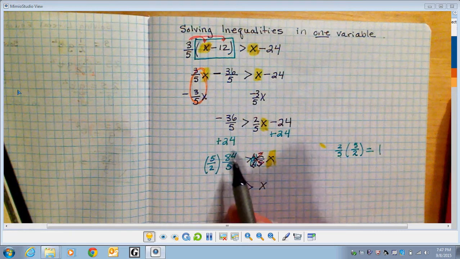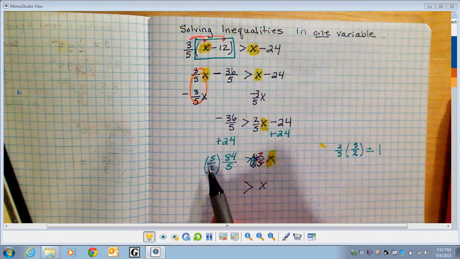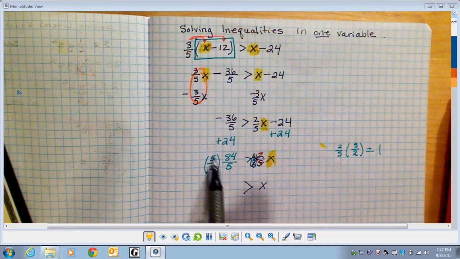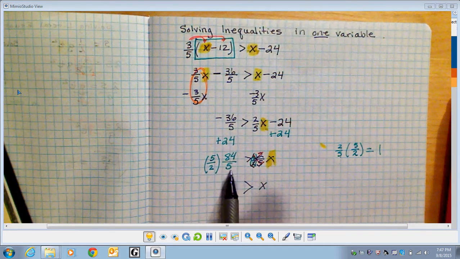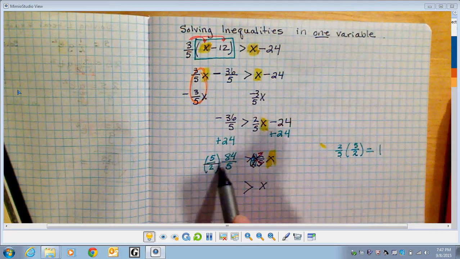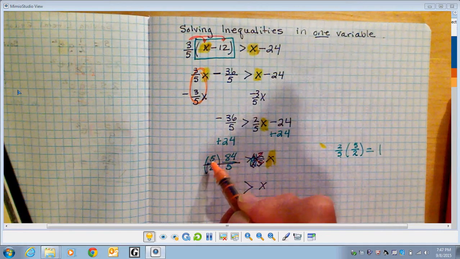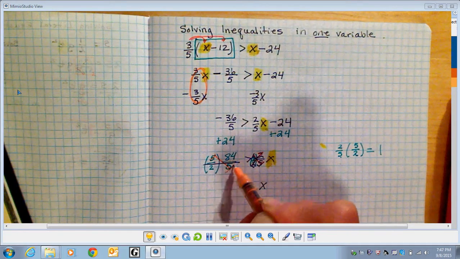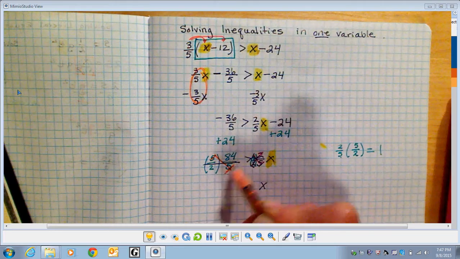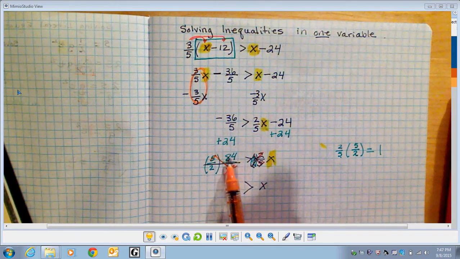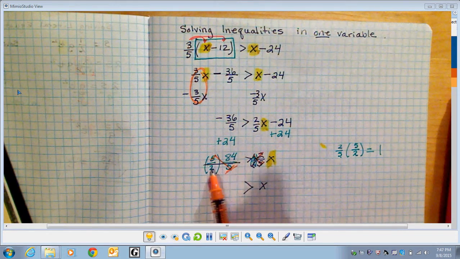So instead of going through all the rigmarole here or putting this in my calculator, if I notice that I have 5 divided by 5, I'm going to extend that division line. I have 5 divided by 5. So 5 divided by 5 becomes 1. So then that leaves me 84 divided by 2.